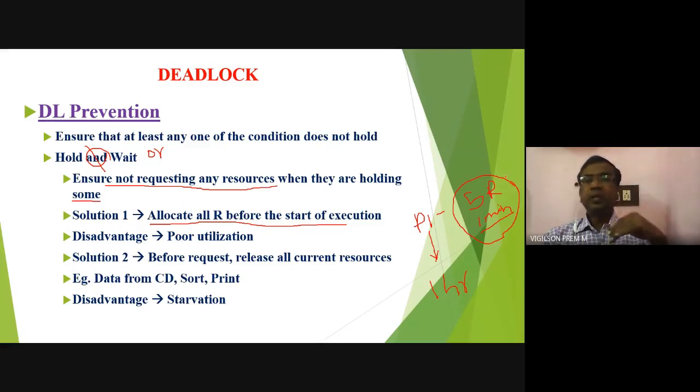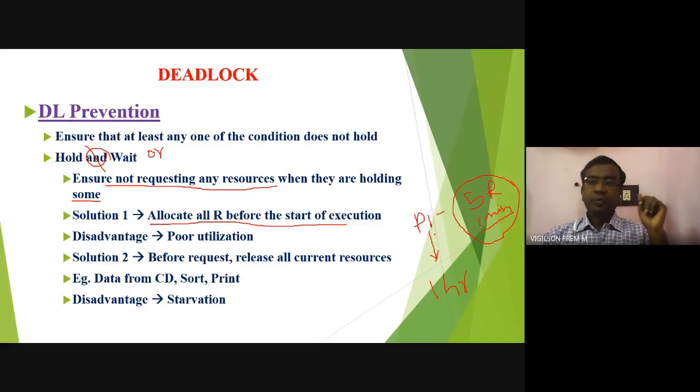So many other processes would have to wait for all these resources, and they may not get them. Because I have already allocated all 5 resources to the process P1, it is not able to utilize the resources fully.